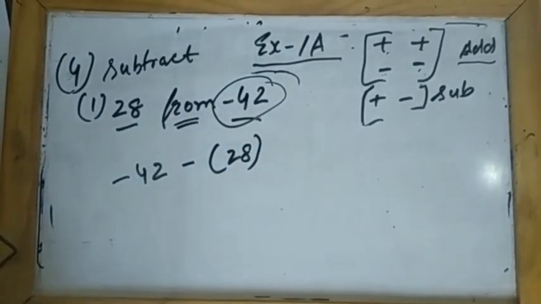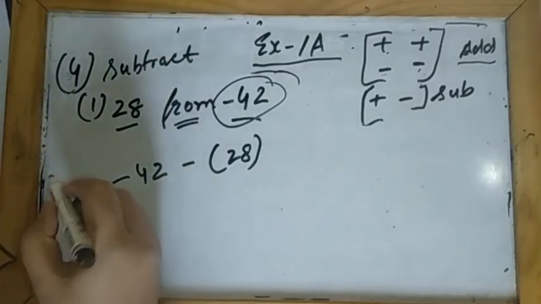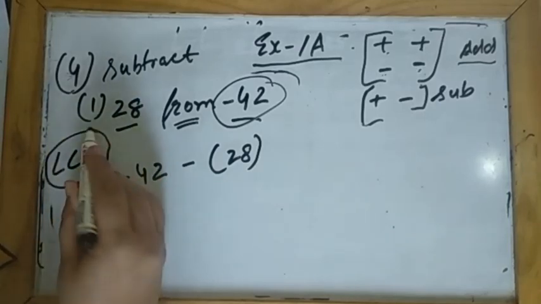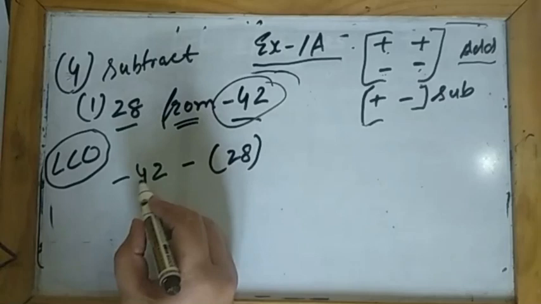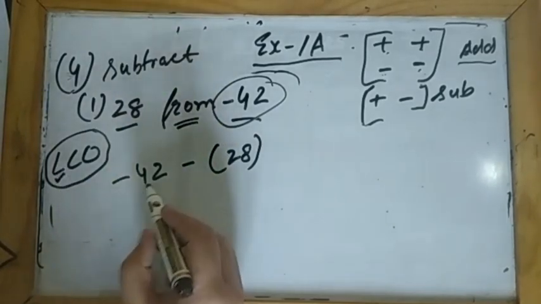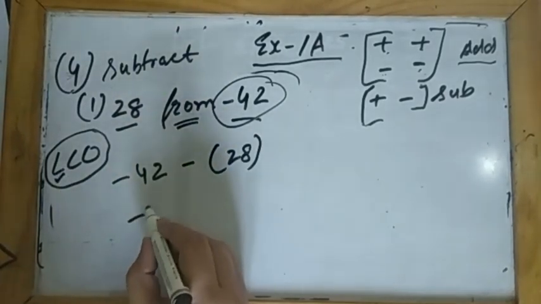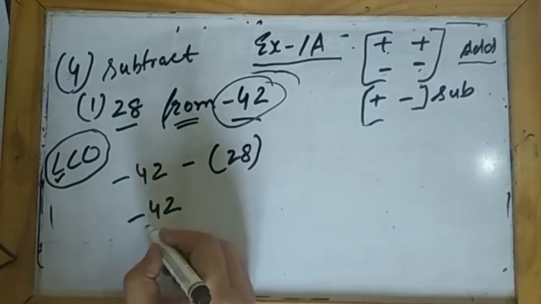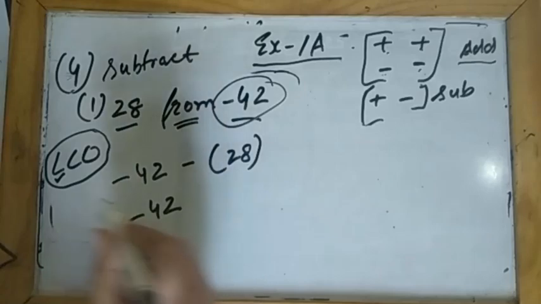Now how do we subtract? In subtraction, first of all I have to make two changes. You can learn it as LCO. Now what does LCO mean? LCO means first Leave, means the first number leave as it is, like if it is a negative number, leave as it is, -42.